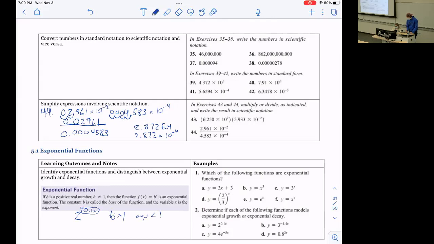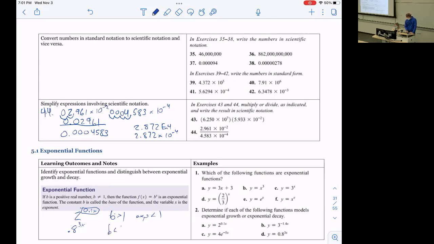Now, if we look at D, where we have 0.8 to the 3x, our base is less than 1, but our exponent is greater than 1. So that 0.8 is just going to multiply by itself more and more, and so we're also going to have a decay function. So if our base is greater than 1 or exponent is less than 1, it's going to be a decay.